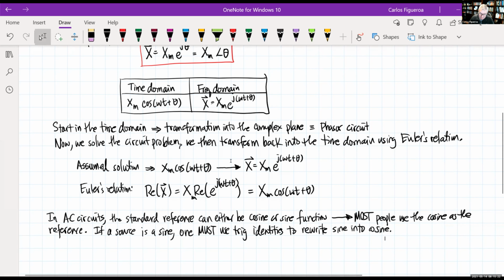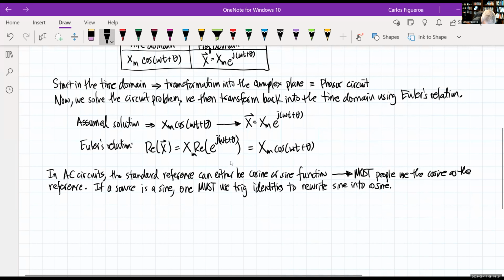So for example, let me give you a sense of this. As an example, suppose that you have some current that's written as 4 cosine(ωt minus 80 degrees). Note I didn't write that in terms of pi.